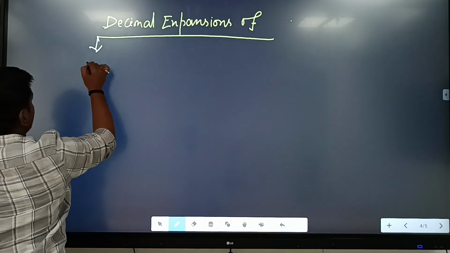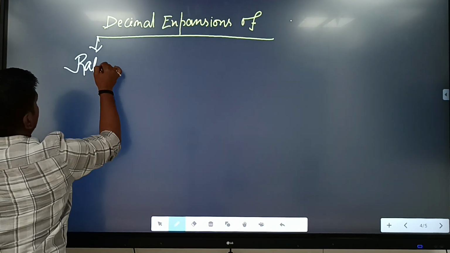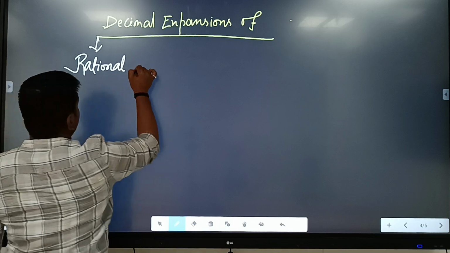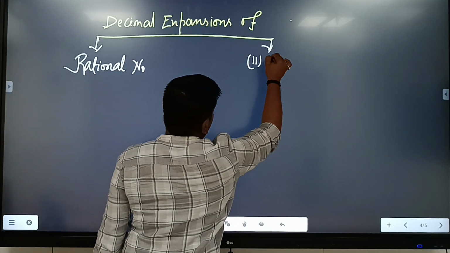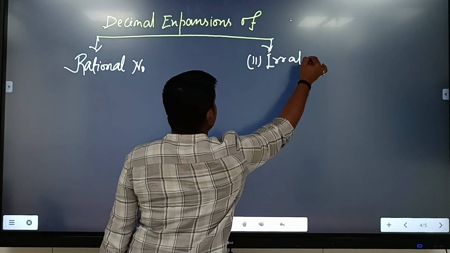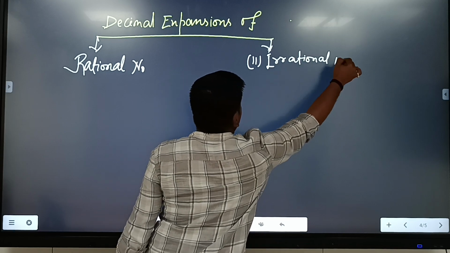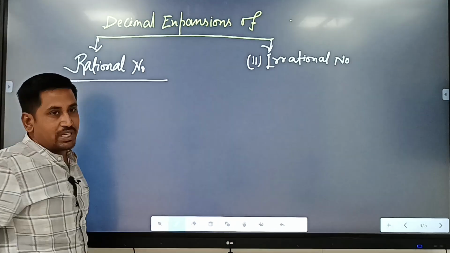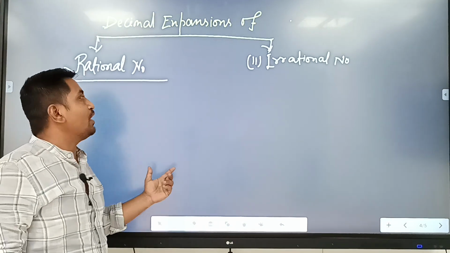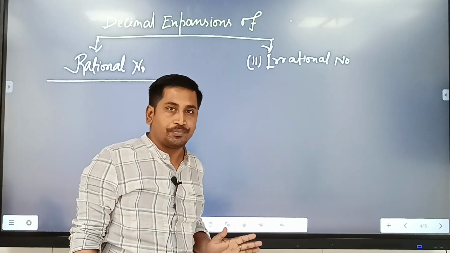The first one is rational and the second one is irrational. Let us see. So we have two different types of decimal expansions for the rational and one for the irrational here.